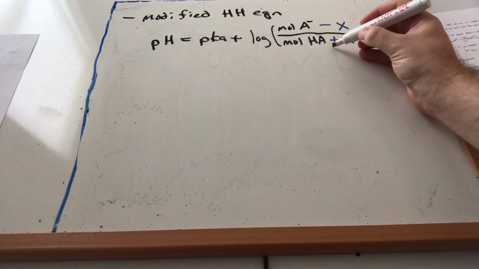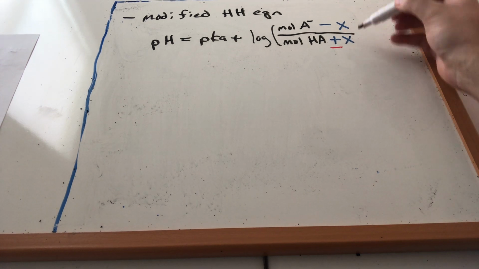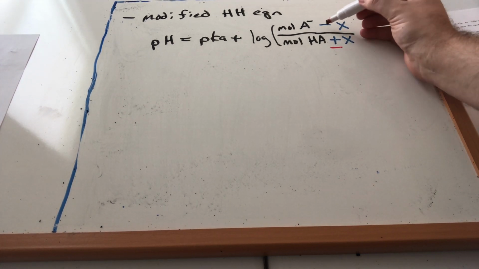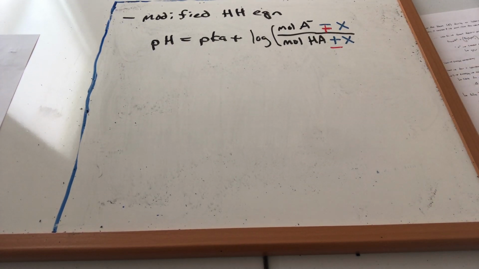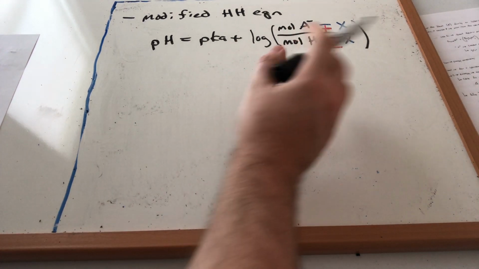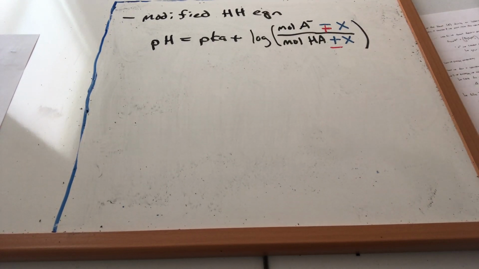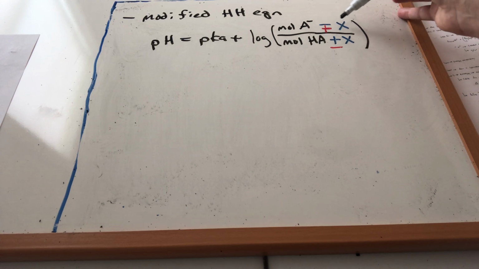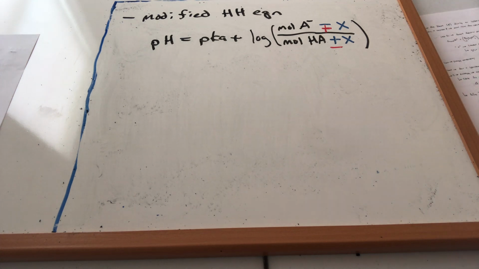My HA goes down by an X amount based off the moles of OH minus that I've put in there, and my A minus goes up by that same amount. So we'll see this modified version that has not just moles of A minus and moles of HA, but moles of A minus minus plus X, and moles of HA plus minus X. And what are you going to do?